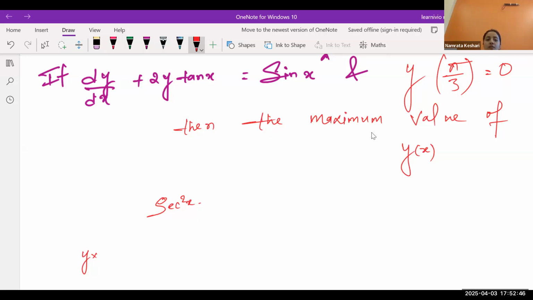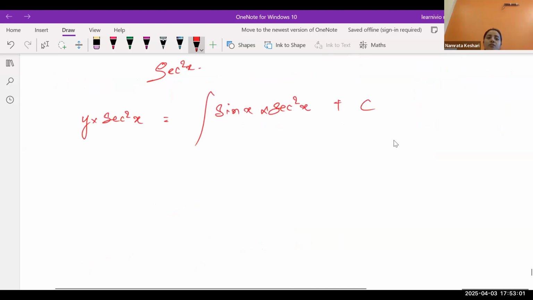So y multiplied with the integrating factor, that is sec square x, is equal to integration of sin x into sec square x, plus c. So let's continue. Sin x into sec square x will be 1 by cos square x, sin by cos is tan, and tan into sec we are getting, right?